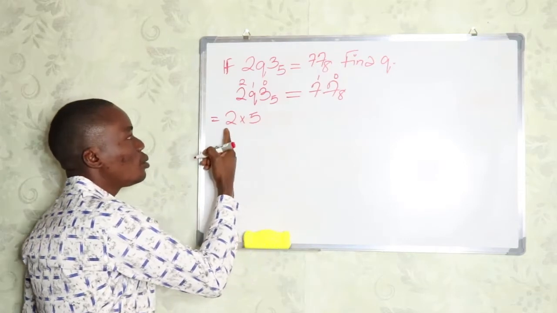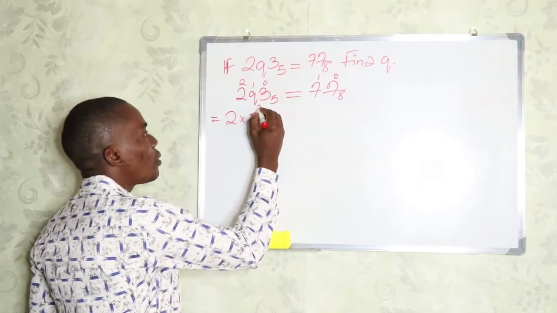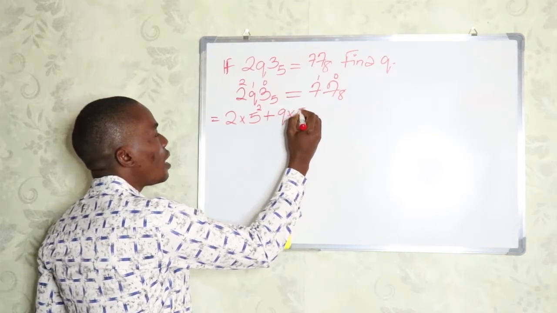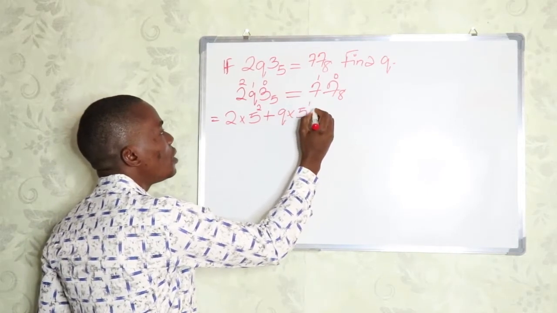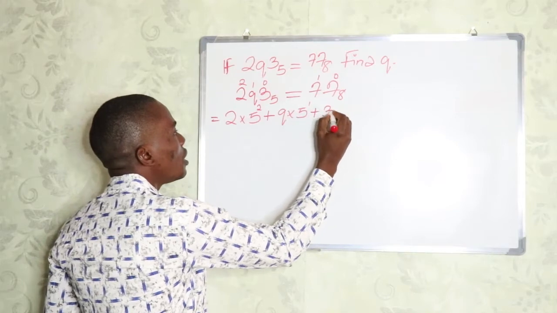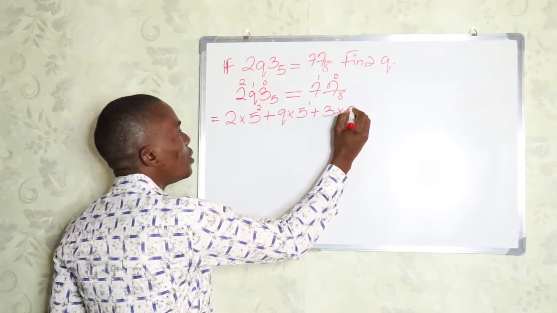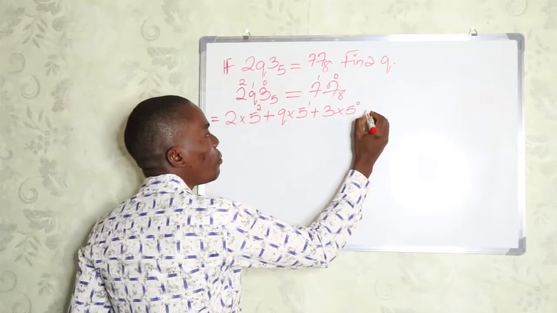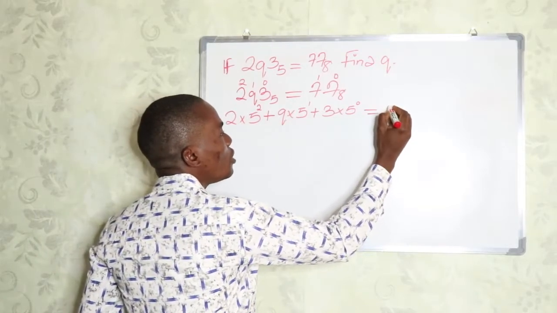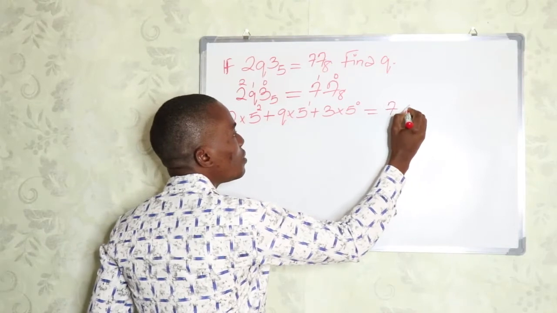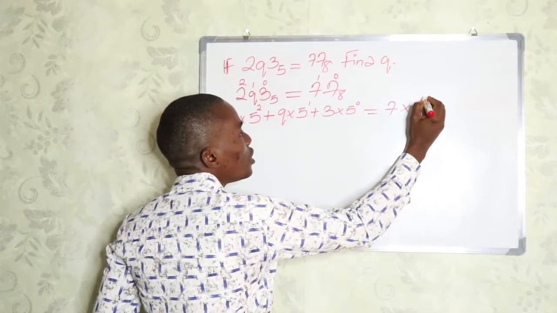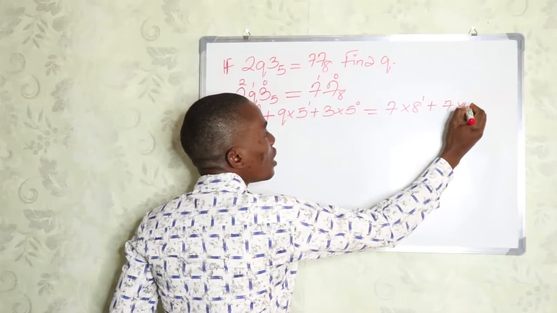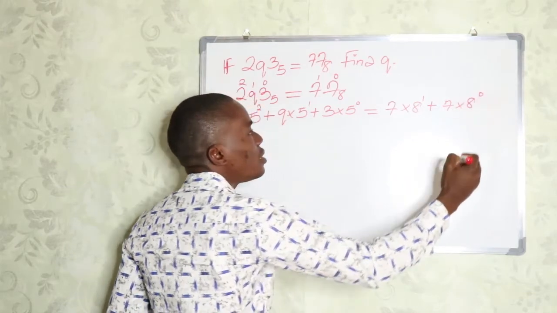So this will give you 2 times 5 raised to power 2 plus q times 5 raised to power 1 plus 3 times 5 raised to power 0. Now we've successfully converted this to base 10. Now we're going to convert this. This will be 7 times 8 raised to power 1 plus 8 times 8 raised to power 0.